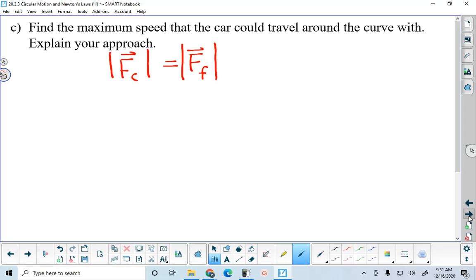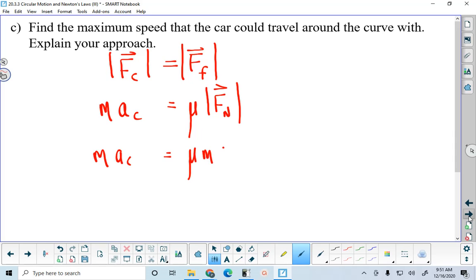How do we calculate the centripetal force? It's mass times centripetal acceleration, because it's net force. And the force of friction is mu times the normal force. But the normal force is m times g.